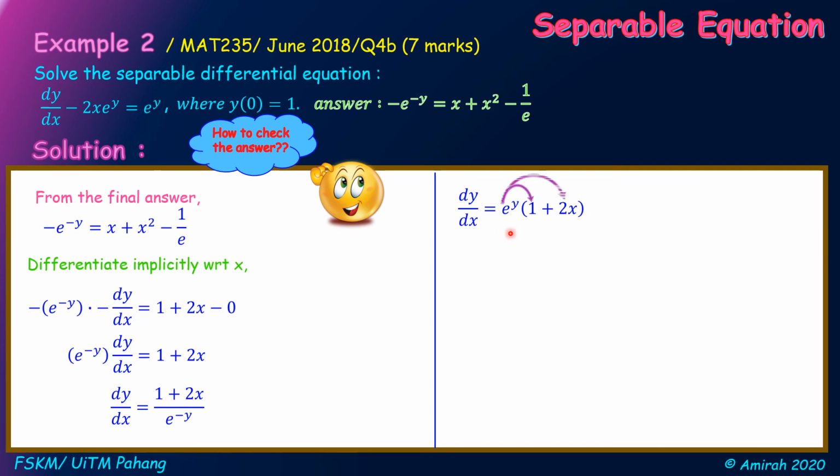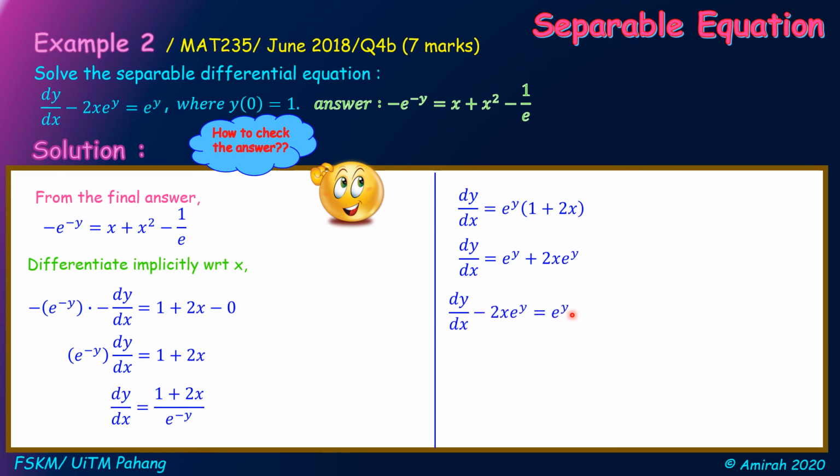After that, we can expand. So we have dy over dx equals e to the power of y plus 2x e to the power of y. Then, to make the final answer exactly equal to the given question, we move plus 2x e to the power of y to the left hand side. So we have dy over dx minus 2x e to the power of y equals e to the power of y.